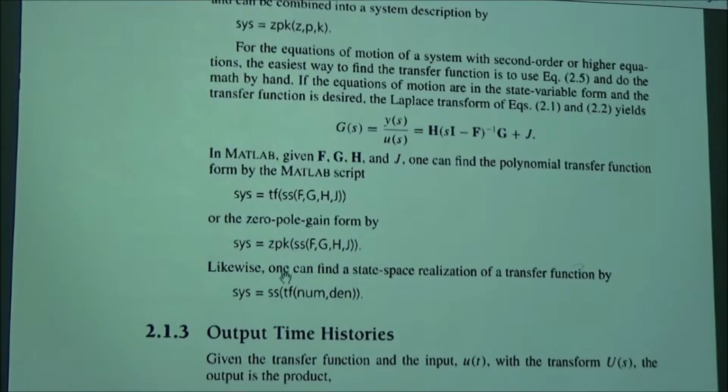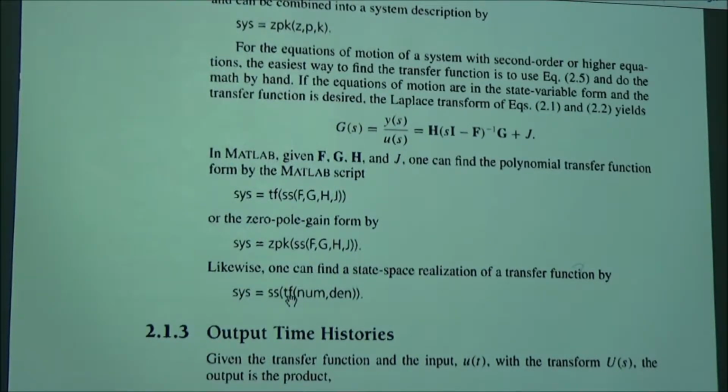You have a system configuration. So again, here you have basically one approach. SS is the state space format of F, G, H, and J matrices.